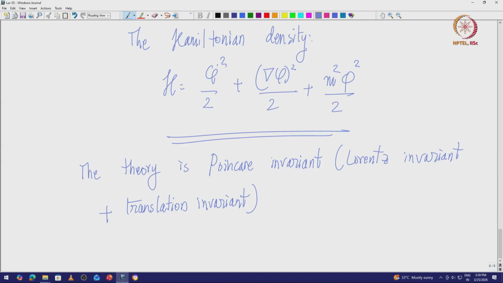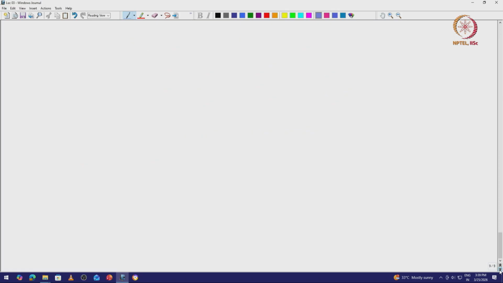Okay, this is very straightforward. For that we also derived our conjugate momenta. So, we now impose the canonical quantization conditions.